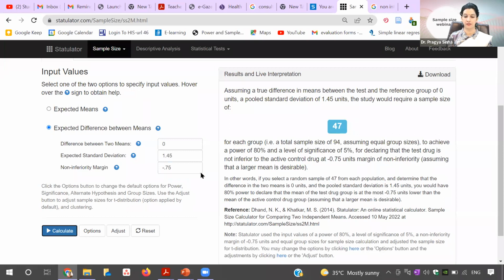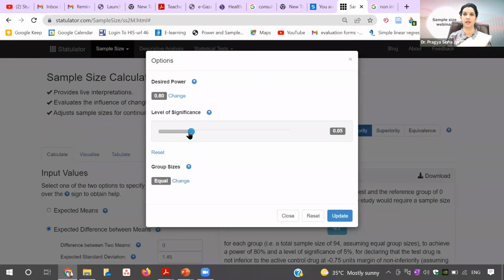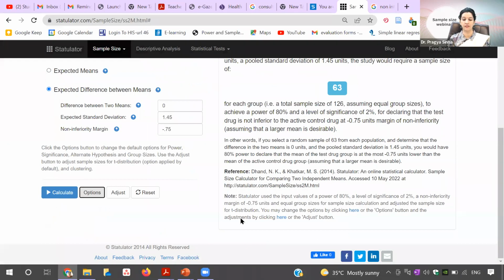But remember, the alpha was 2.5%. So I'll change the alpha. Maybe I'll reduce the alpha to... The problem with this Statulator is it will take either 3 or 2. So I have calculated, and the value is coming as 63 in each arm, so a total of 126.